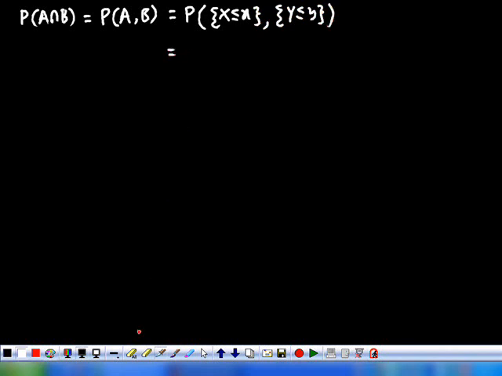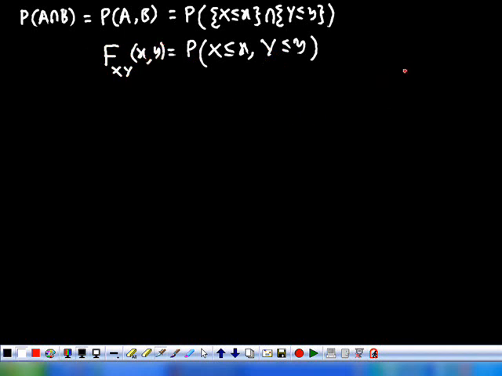Otherwise I can write it as the intersection of these two events, and this can be simply written as X less than or equivalent to x, Y less than or equivalent to y, where small x is the value taken by the random variable capital X, and small y is the value taken by the random variable capital Y. So this particular quantity, that is the probability of X less than or equivalent to x, Y less than or equivalent to y, is designated by FXY of x comma y.